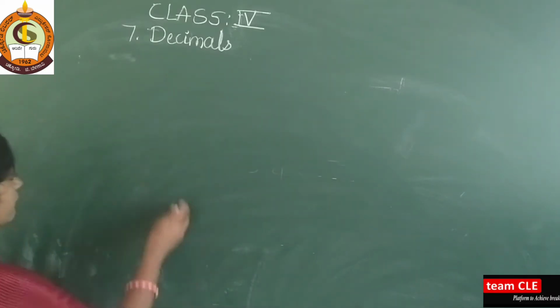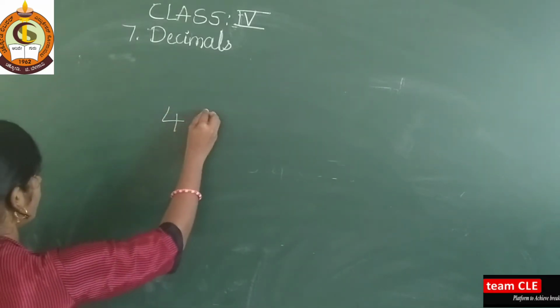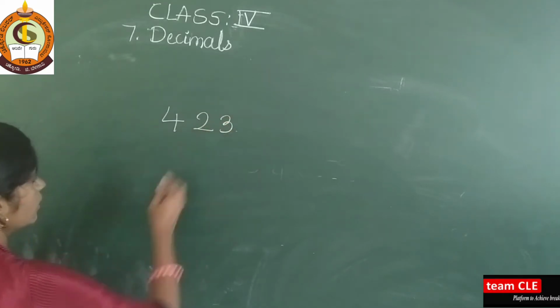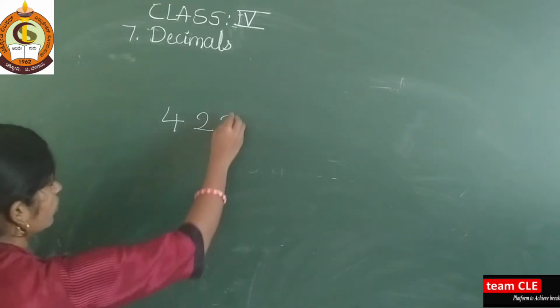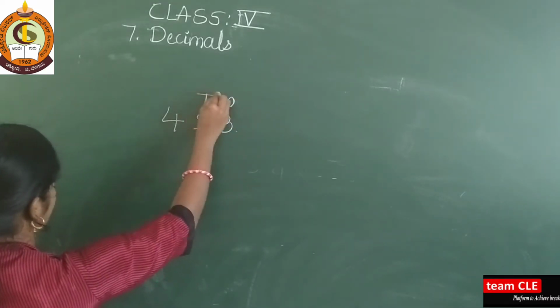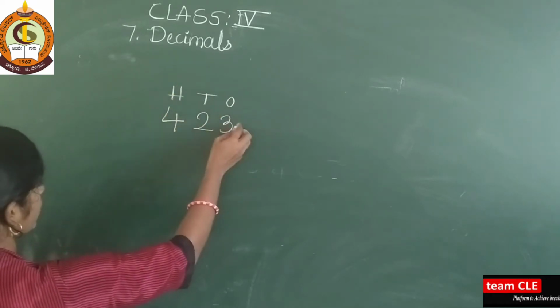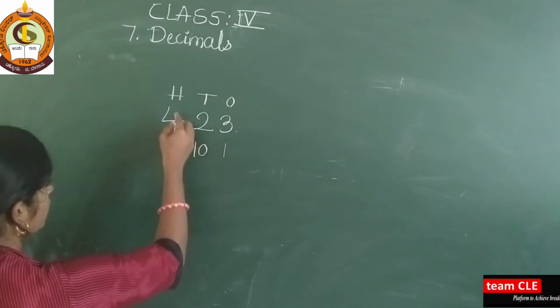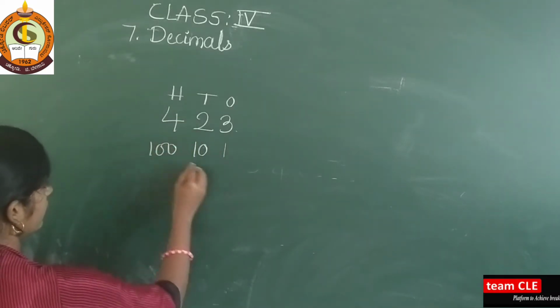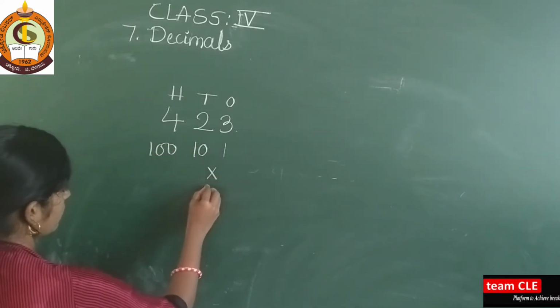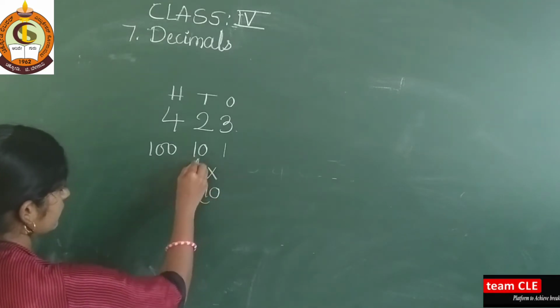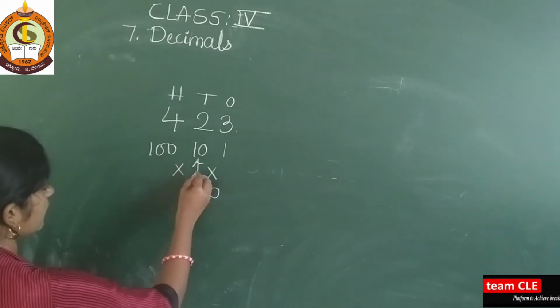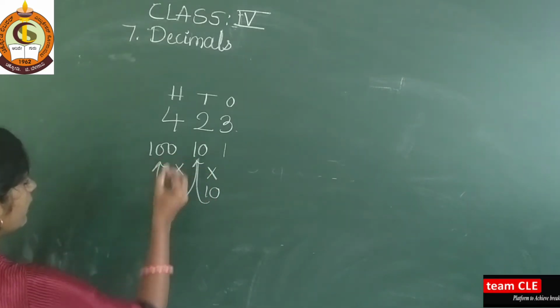Dear students, I will take one example, 423. This place value chart you know. Here are ones, tens, hundreds. Ones means 1, tens means 10, hundreds means 100. When you multiply this by 10, you get this number. Again when we multiply, we get 100.